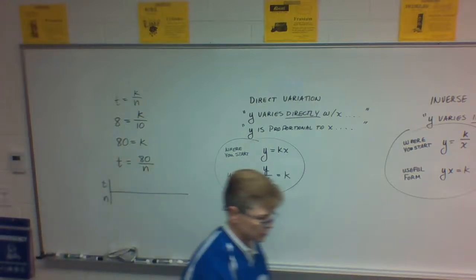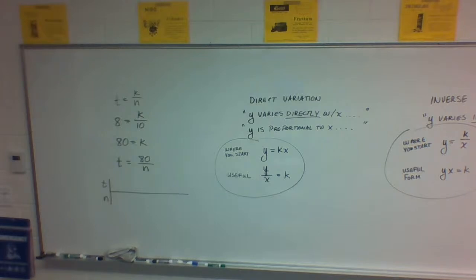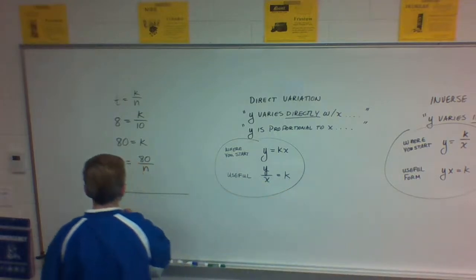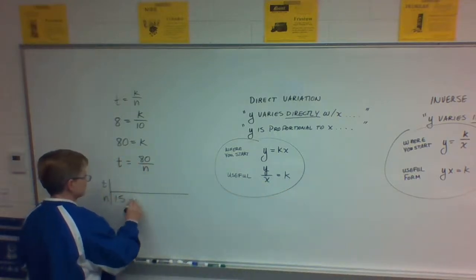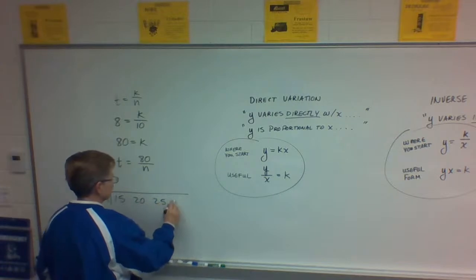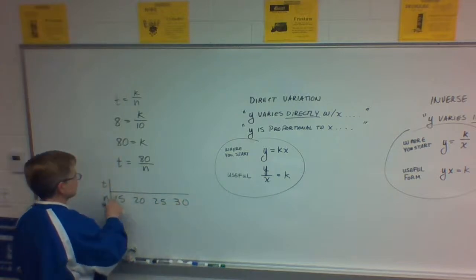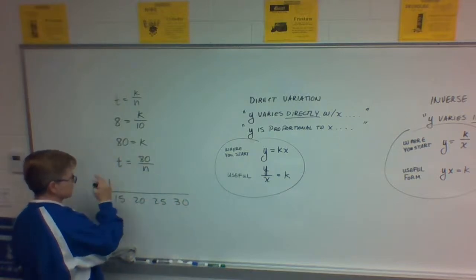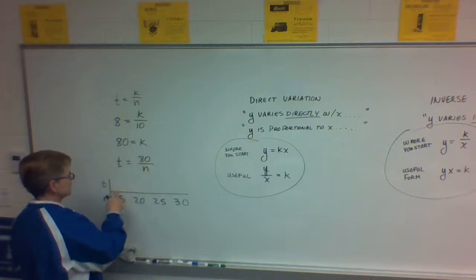And what are they going to give us? 15, 20, 25, 30. Yeah, but what does that represent? Volunteers. 15, 20, 25, and 30. So that's our volunteers. And now we're going to use this to generate the time it's going to take for every one. What's 80 divided by 15? That's what we got to do to get this number.